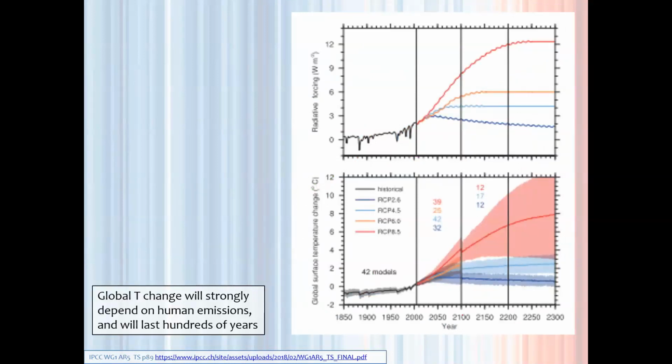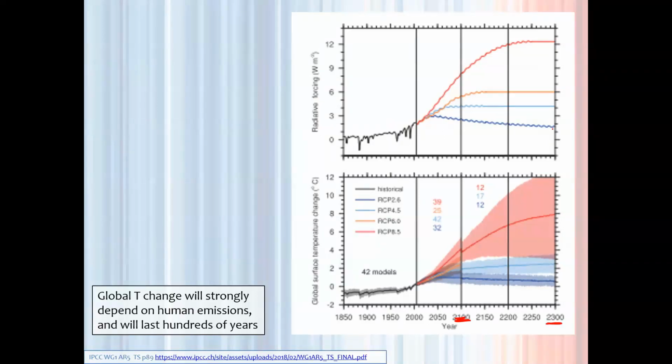And by 2100, and certainly beyond 2100, when we're all dead, probably, unless something dramatic changes in healthcare, global temperature is going to strongly depend on human emissions, and it will last for hundreds of years.